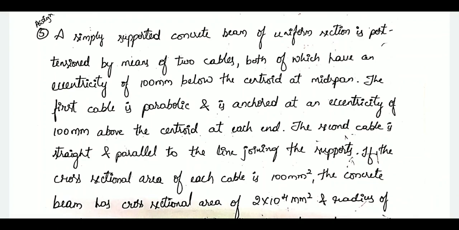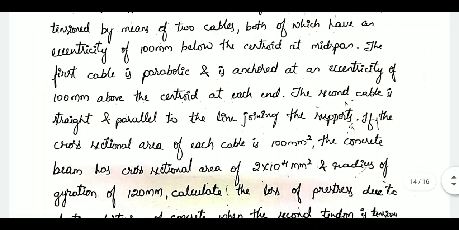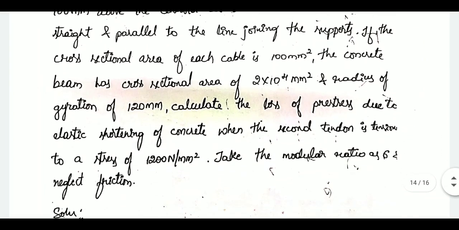So that means the first cable has 100 mm eccentricity at support above the centroid and at midspan below the centroid, and the second cable is straight with a uniform eccentricity of 100 mm. This is the case. Here the area is directly given and the radius of gyration is given. Where we need to use it, we will see later.